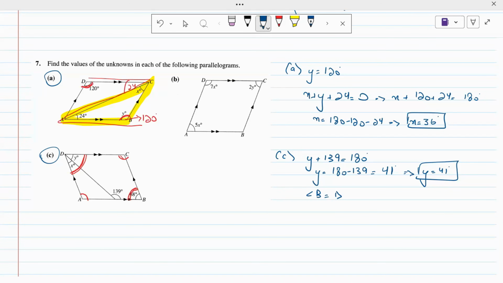Angle B is 68 degrees, and angle D is the sum of two angles, y and x.